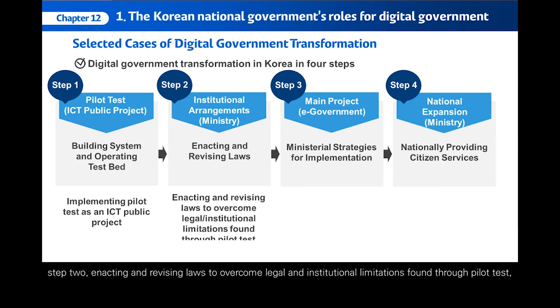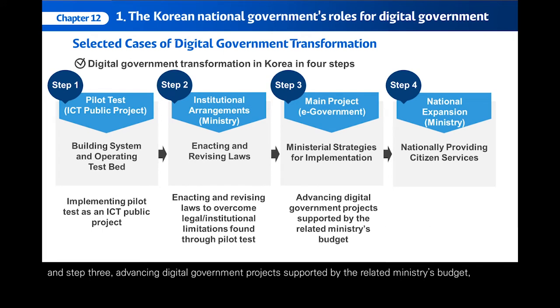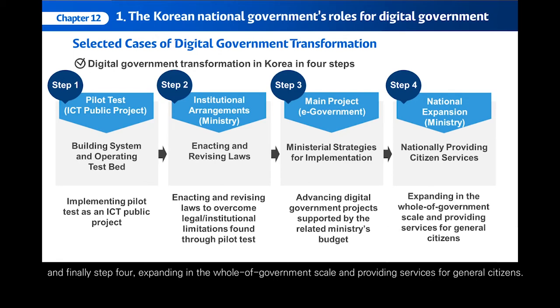Step 2, enacting and revising laws to overcome legal and institutional limitations found through the pilot test. Step 3, advancing digital government projects supported by the related ministry's budget. And finally, step 4, expanding to the whole-of-government scale and providing services for general citizens.